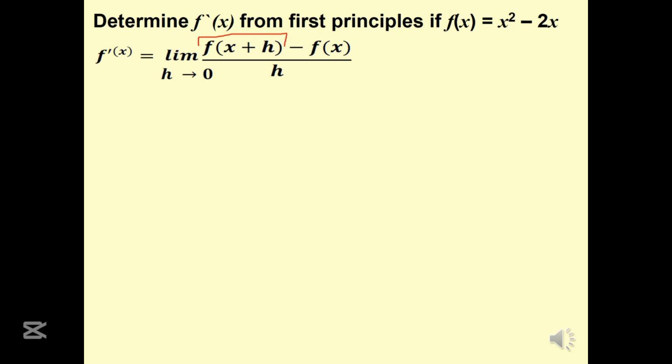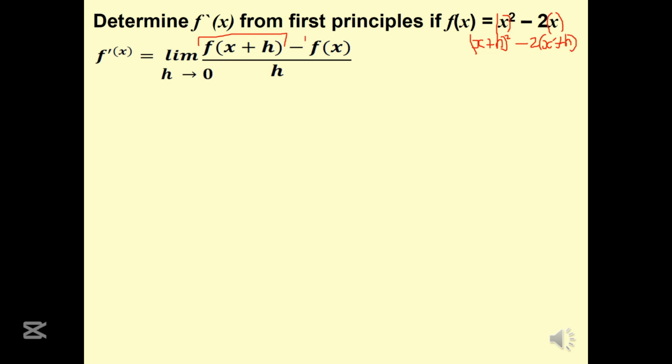It means in your expression, the position for x, you remove that x in the entire expression and replace it with x plus h, such that x squared now becomes x plus h and then squared. 2x now becomes 2 multiplied by x plus h. That is what it means to say f of x plus h.